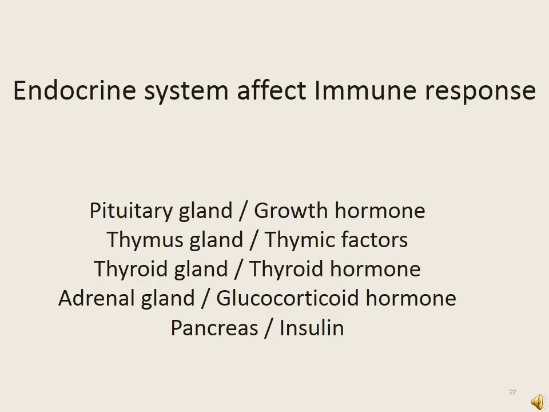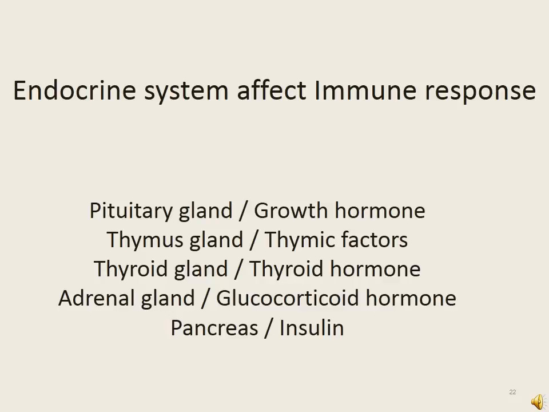This slide will show you the effect of the endocrine system on the immune response. And as I mentioned earlier, there will be 5 endocrine glands that we are going to discuss. The first is the pituitary gland, and only the growth hormone will be discussed.